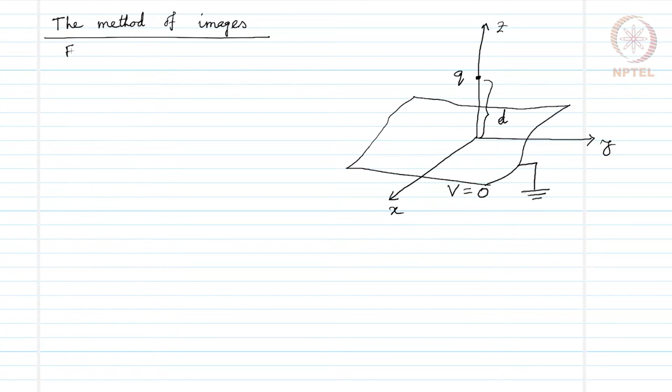So, the problem asks us to find V at any point r where the z component of r, that is z, is greater than 0. So, we are interested in the upper half of this infinite plane.